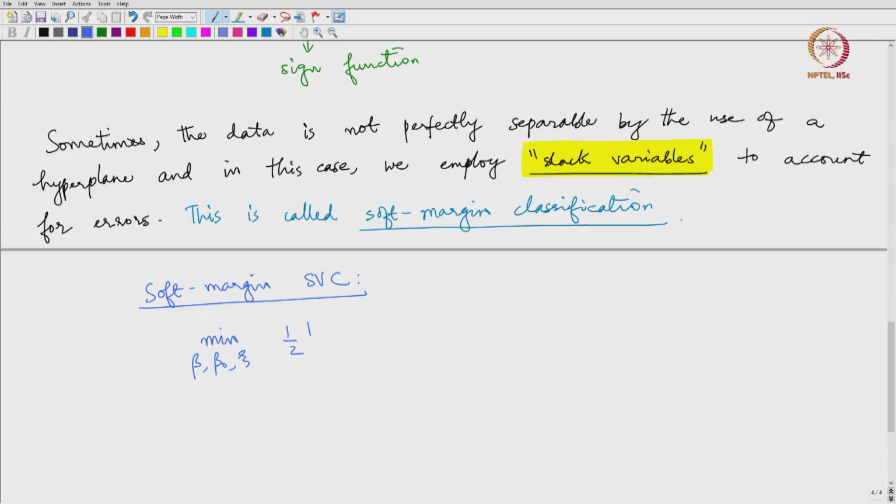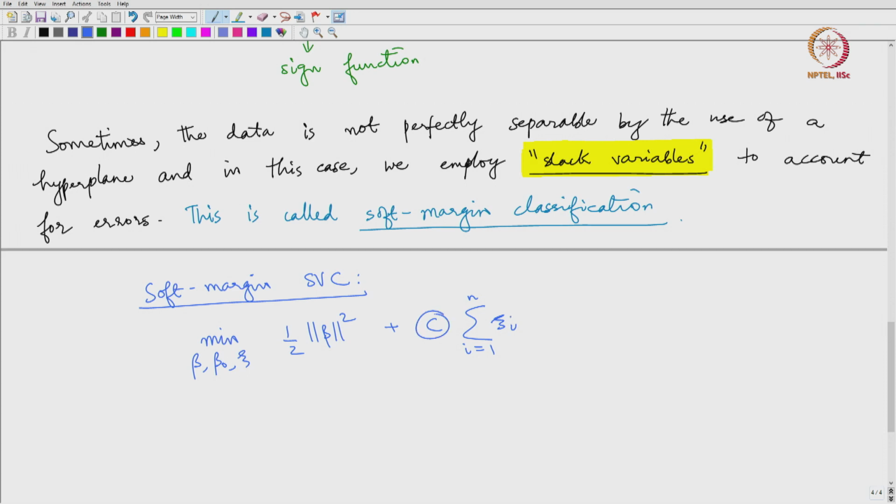So, you are minimizing half the squared norm of beta plus C, which is a regularization parameter which you have encountered previously, times the sum of these slack variables, right.